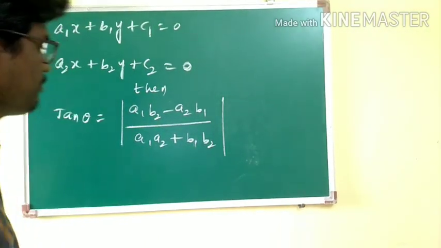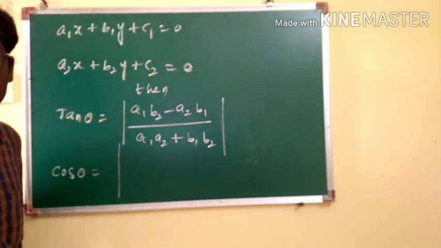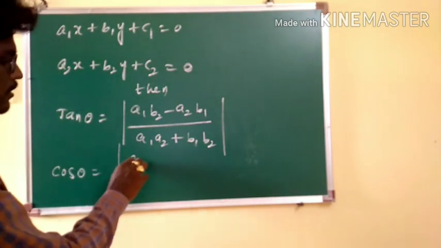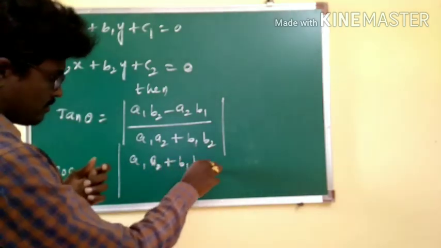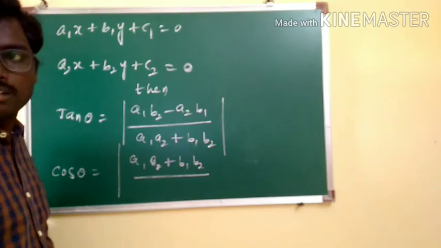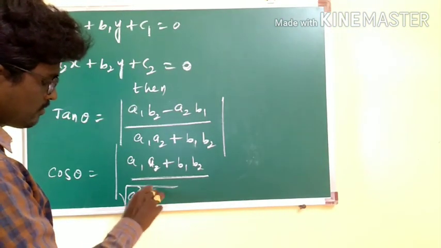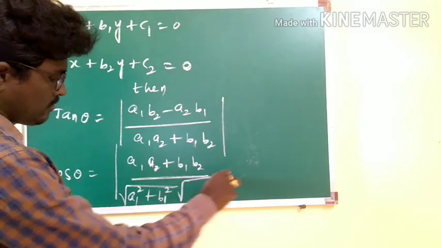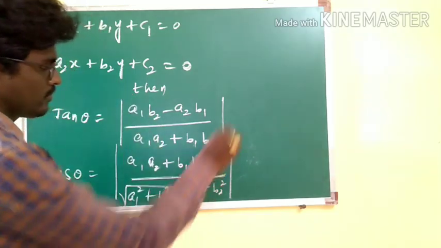And cos theta, if you want to take in terms of a1 a2 and b1 b2, is a1 a2 plus b1 b2 by square root of a1 square plus b1 square into square root of a2 square plus b2 square.